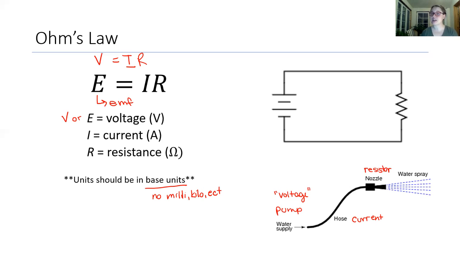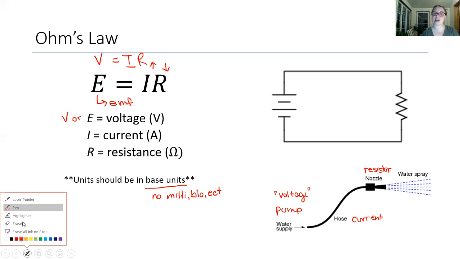That tells us that if we decrease resistance, current will increase, which kind of makes sense to us. Those are inversely proportional. We discussed inversely proportional last semester.